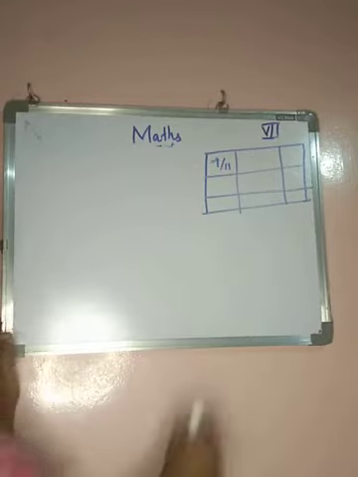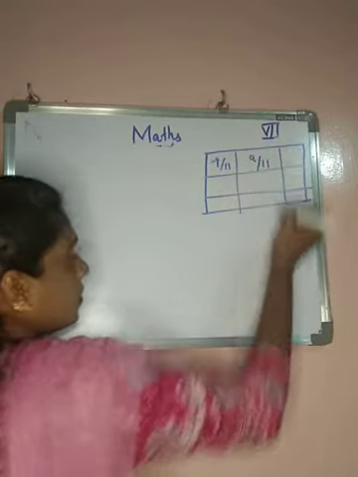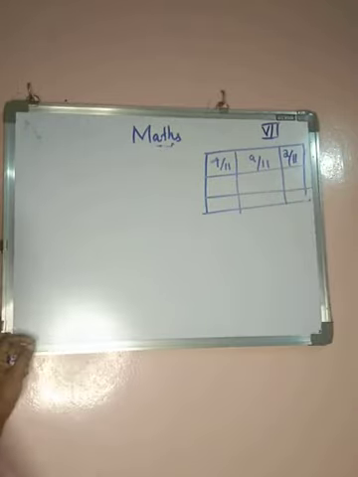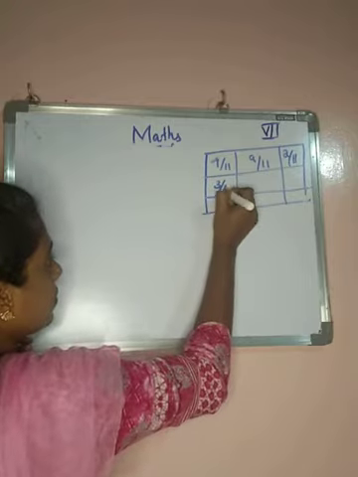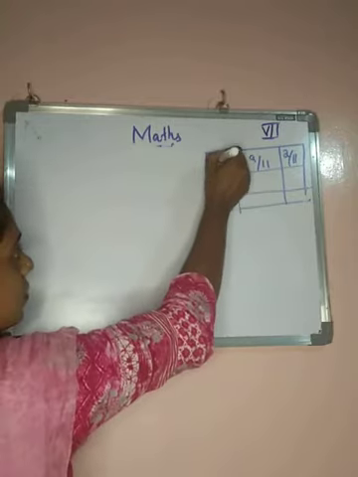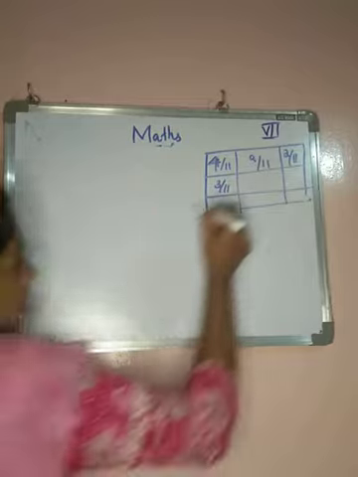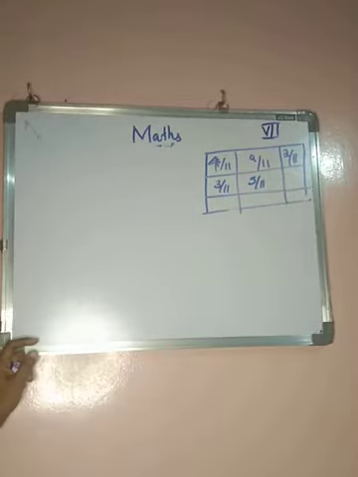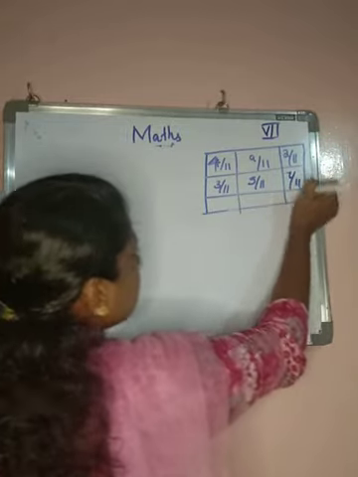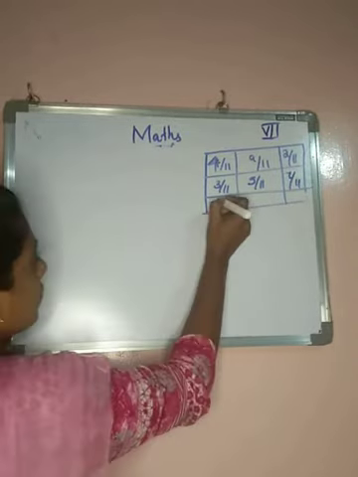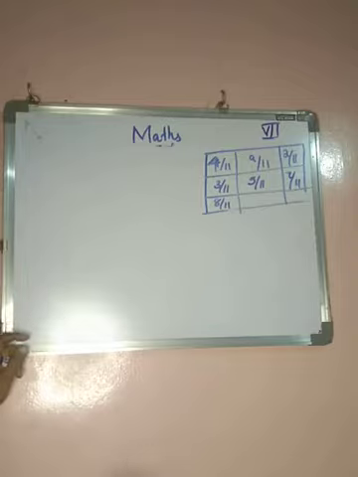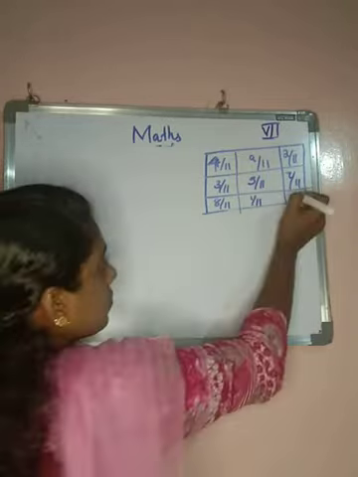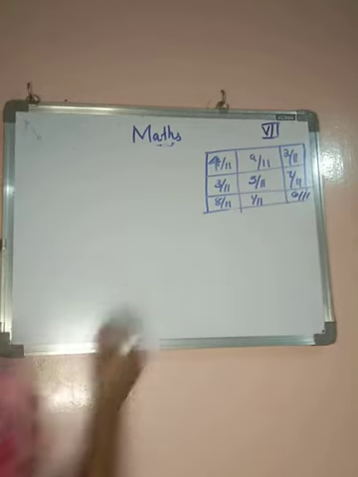Second one is 9 by 11. 2 by 11. 3 by 11.